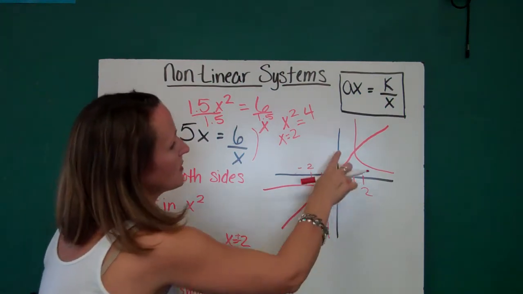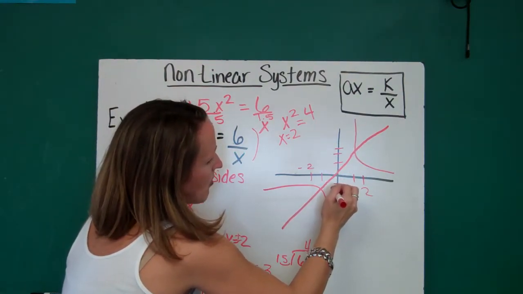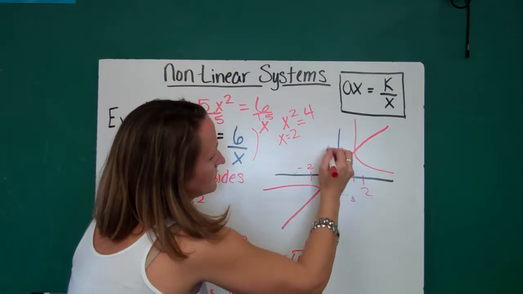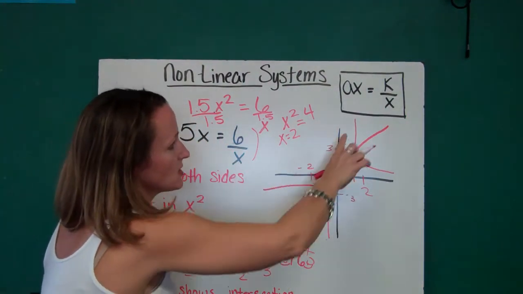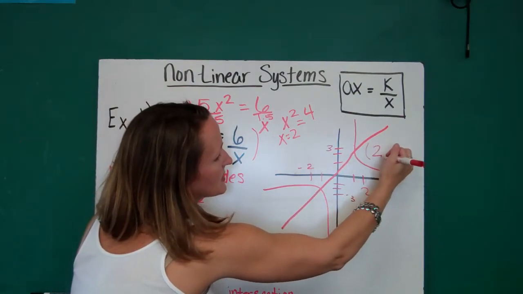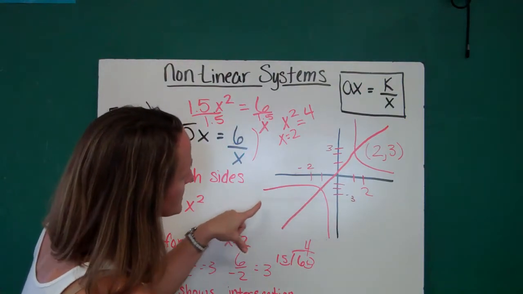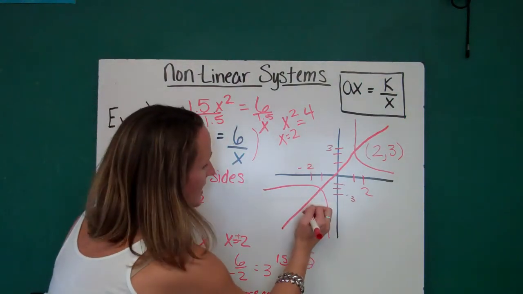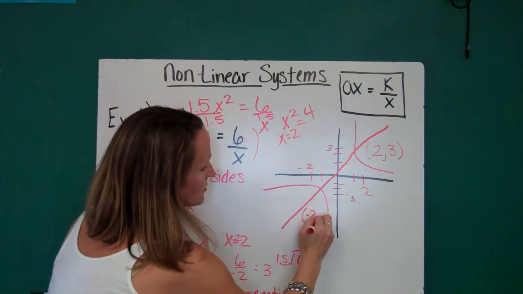So I'm going to learn that up here, this line, or my 1.5x, is crossing this piece of my graph at positive 2, positive 3. And this line is crossing this part of my graph at negative 2, negative 3.